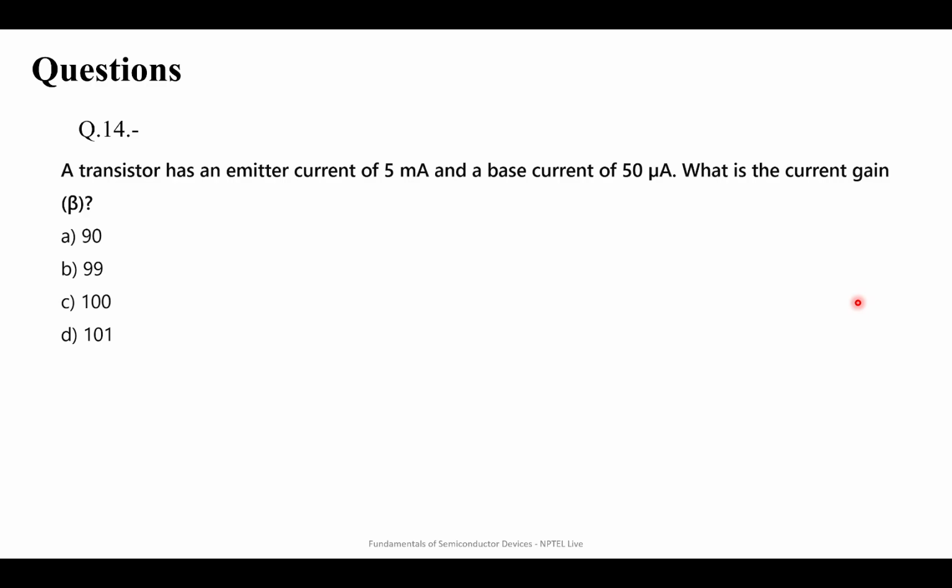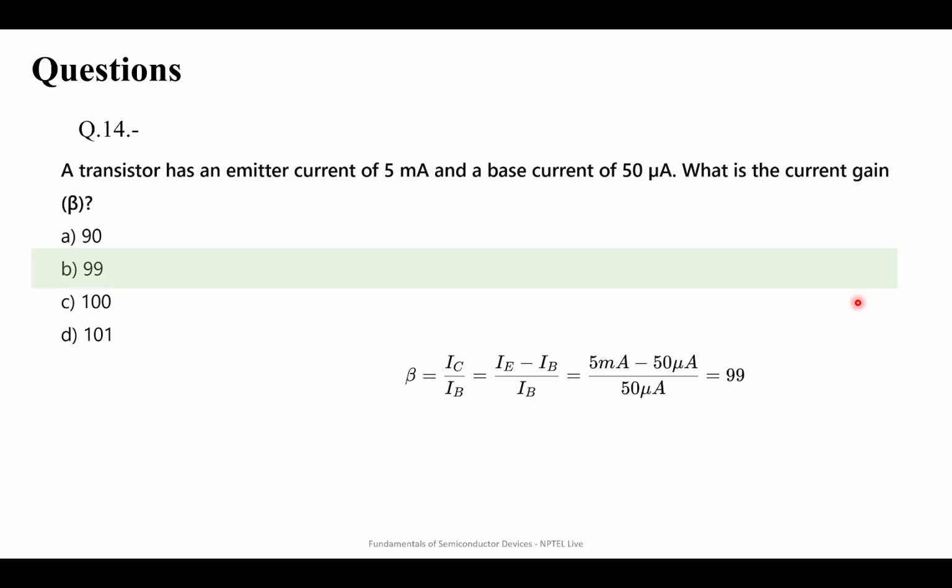D, sir. That is correct. The answer would be 99. You can calculate beta by using IC by IB, and IC you can write as IE minus IB. Now you know all the values, so you substitute them, 5 milliamperes minus 50 microamperes, divided by 50 microamperes, and you solve it, you will get 99.